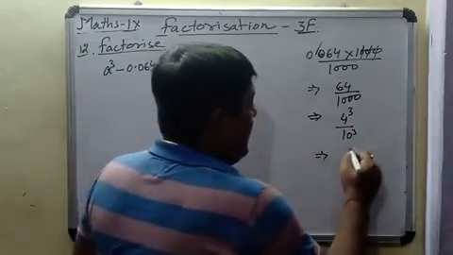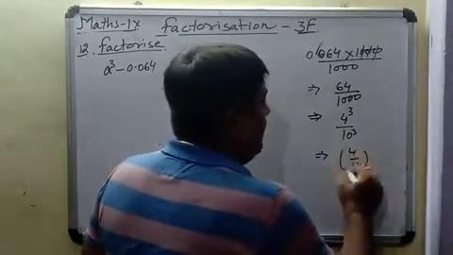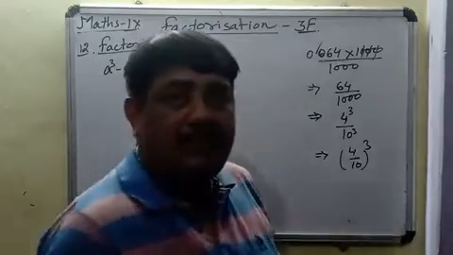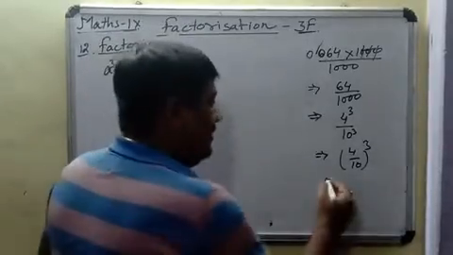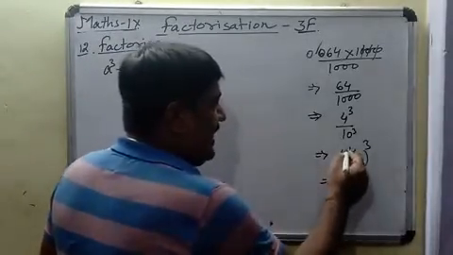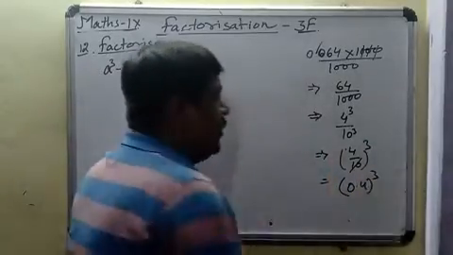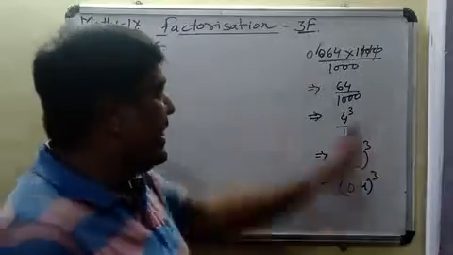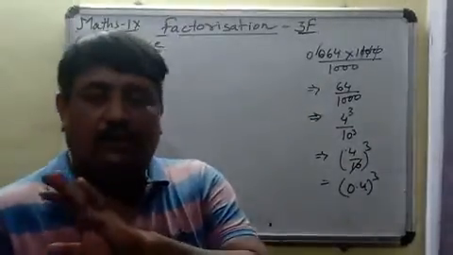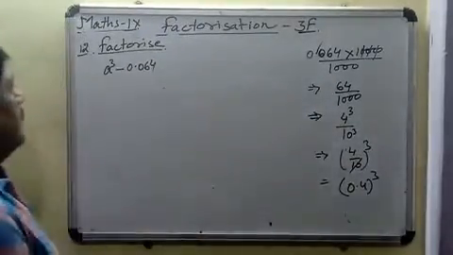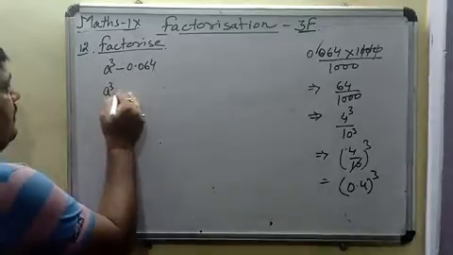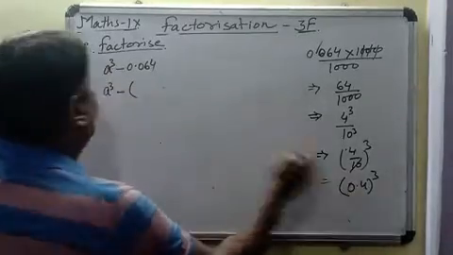That means it can be written as 4 upon 10 whole cube. Agree? Or we remove the 10 and put the decimal, so it can be written as 0.4 cube. Simple. We can play with the decimal, so nothing to worry over here. It can be written as a cube minus 0.4 cube.